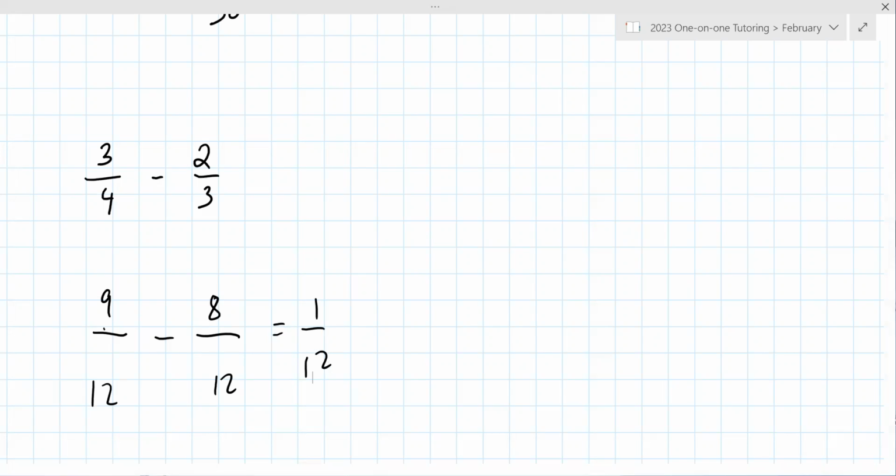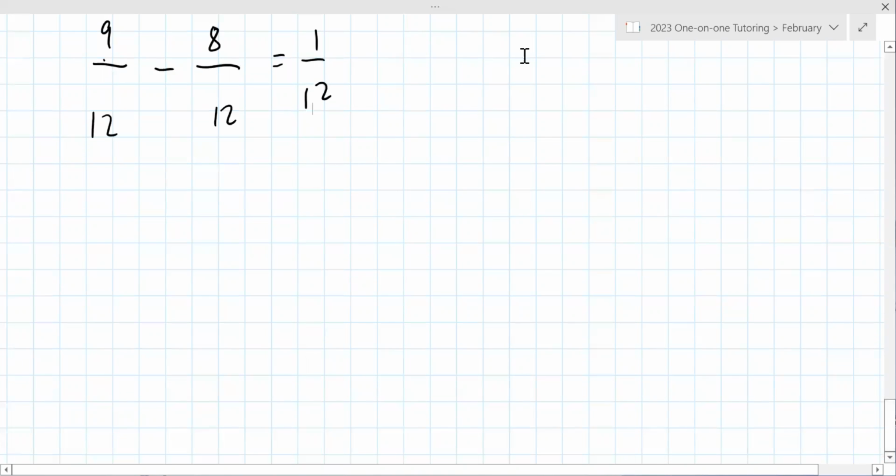All right. Do you want another one, or do you feel pretty confident about these? Can I have one more? Sure. Let's go. Seven eighths minus 3/5.